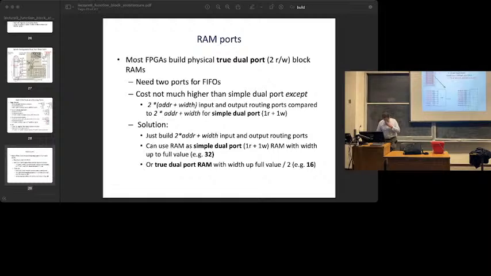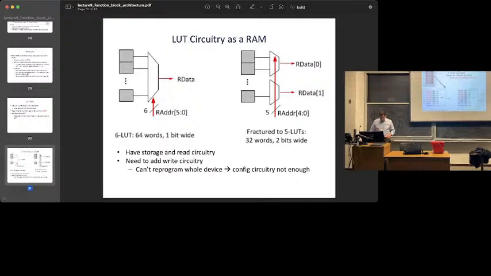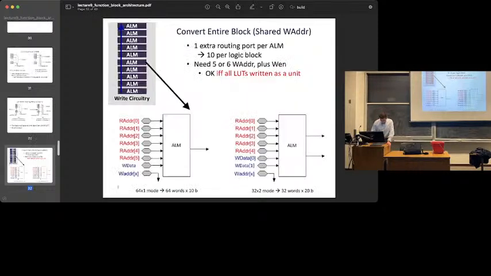Okay, so Intel converts the whole logic block. So they say that the write circuitry has to be shared by all the ALMs, just like they share clocks and clock enables and so on. If they do that, they still each need their own write data input.